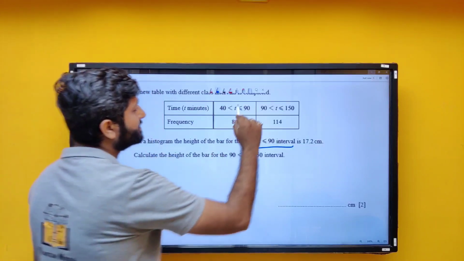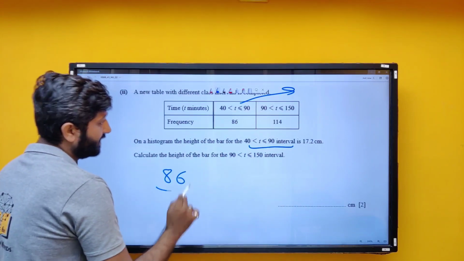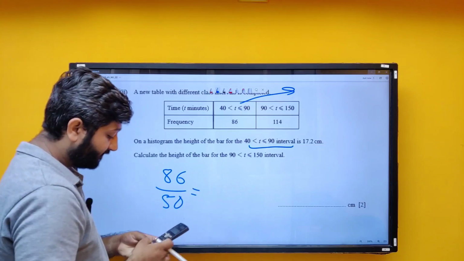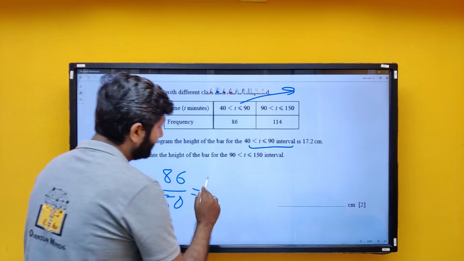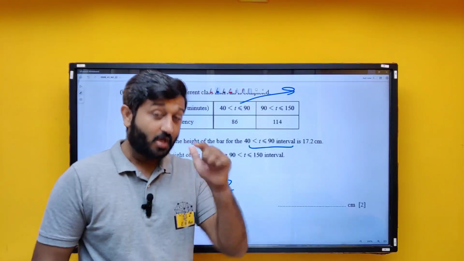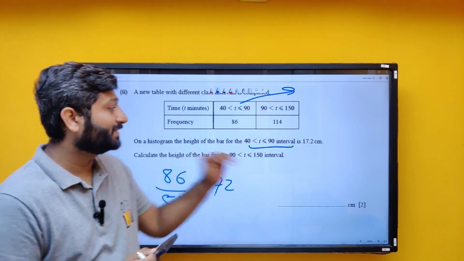The frequency is 86 and the class width is 50, so 86 upon 50 is 1.72. So the frequency density is 1.72, but the height is 17.2, which means they have multiplied the frequency density by 10.